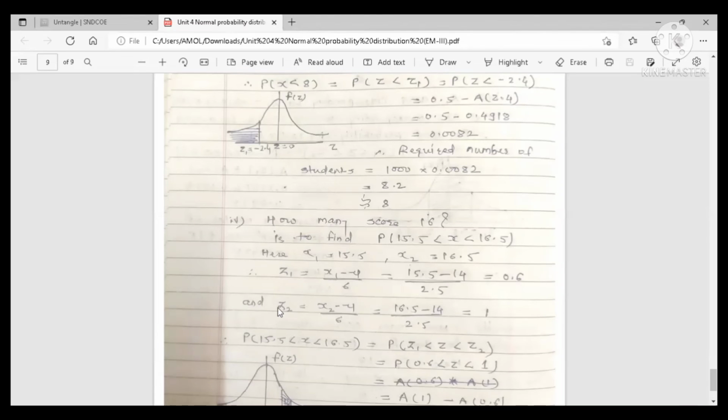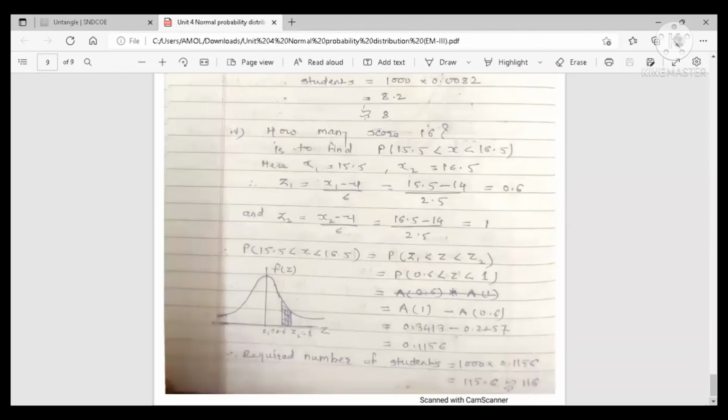Then to calculate z2, the formula is x2 minus mu upon sigma. x2 is 16.5, minus mu 14, over sigma 2.5. If we simplify it, it is equal to 1. Now z1 is 0.6 and z2 is 1. Both are positive, so if we draw the diagram, z1 and z2 both lie on the RHS side of the normal distribution curve. z1 equals 0.6 is here, and z2 equals 1 is this line.